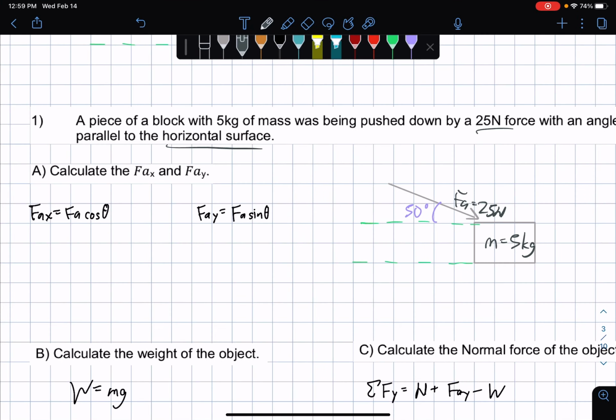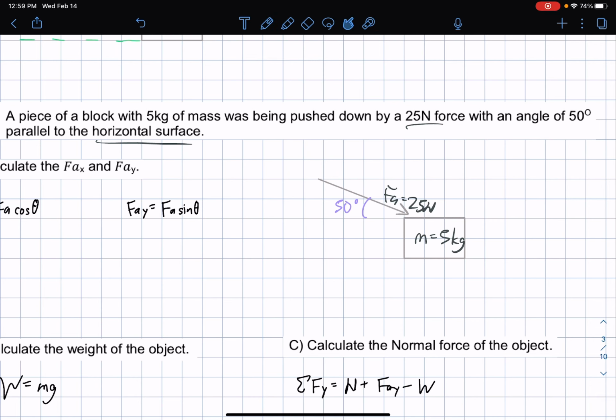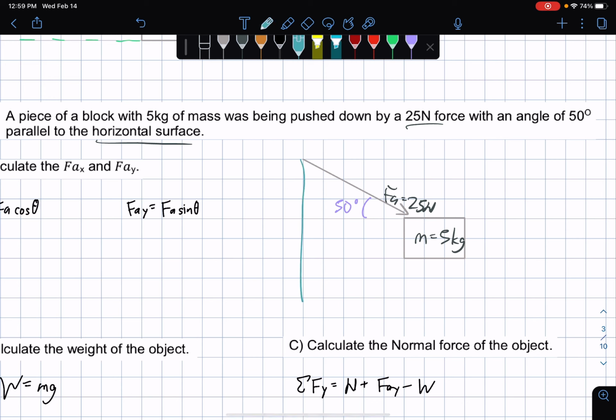We're going to have to articulate our illustration a bit. So let's say that's our applied force direction, the line. And then these will be the FAX and FAY respectively.